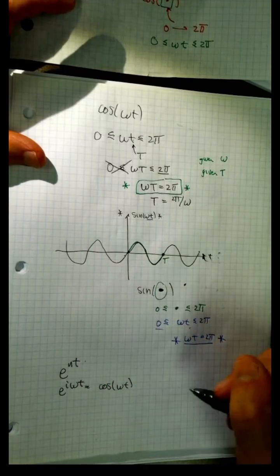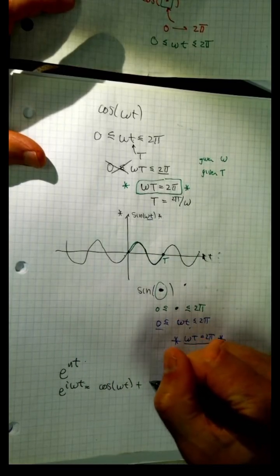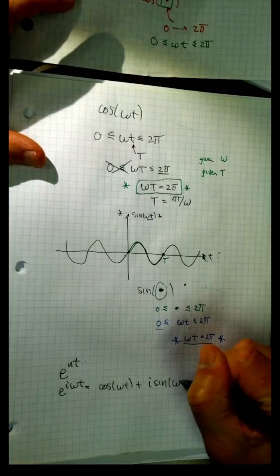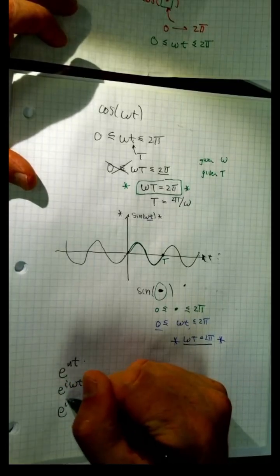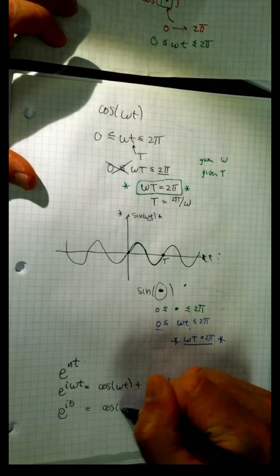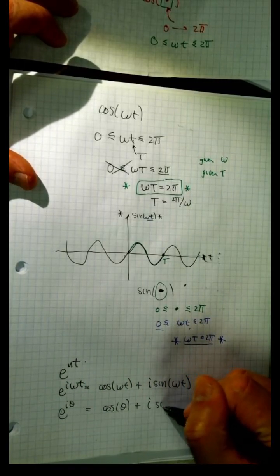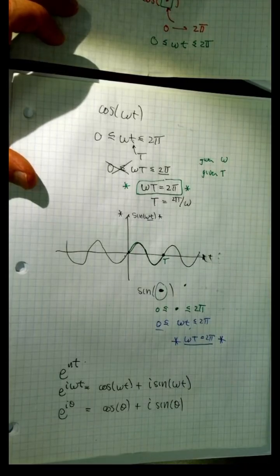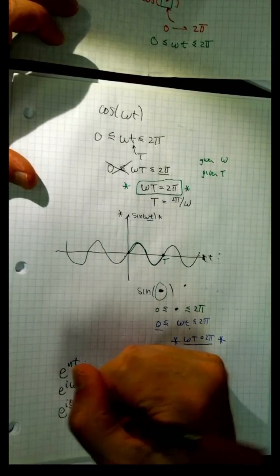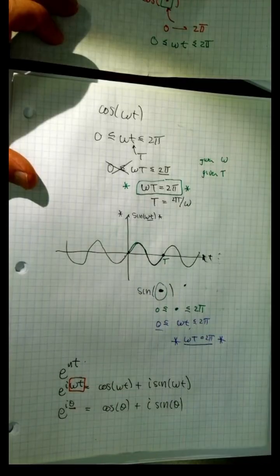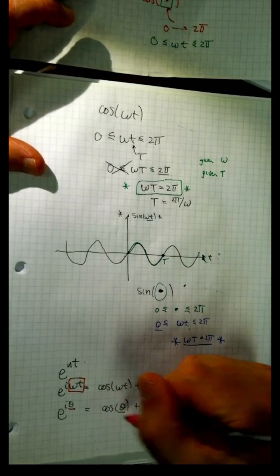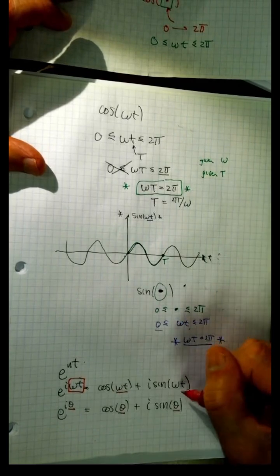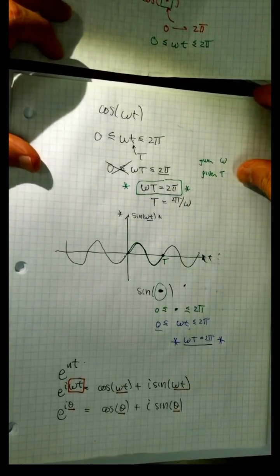So, if I have e to the i omega t, we can use Euler's formula to write things out in that form, right? And the way we saw that before, the way it's usually presented is like this. But what's going to happen is instead of theta, our theta is going to look like omega times t. So everywhere I see a theta here, I'm going to replace it with an omega t.